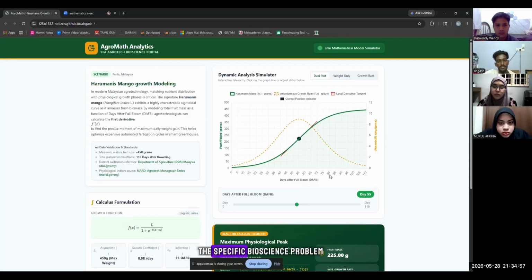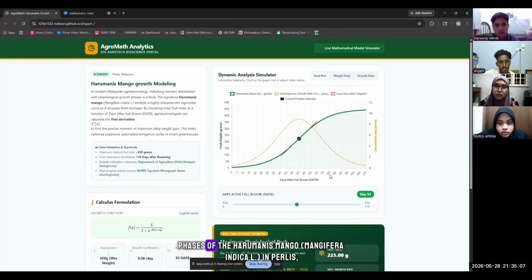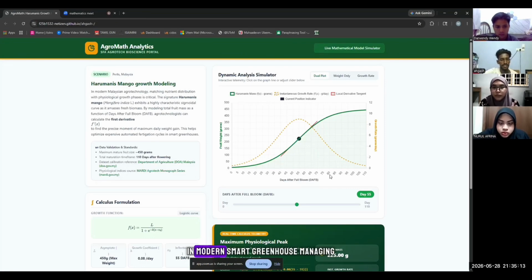The specific bioscience problem this platform targets is the inefficient distribution of nutrients during the critical physiological growth phase of Harumanis mango, that is Mangifera indica, in Perlis, Malaysia. In a modern smart greenhouse, managing automatic irrigation cycles can be incredibly expensive and wasteful if done blindly.